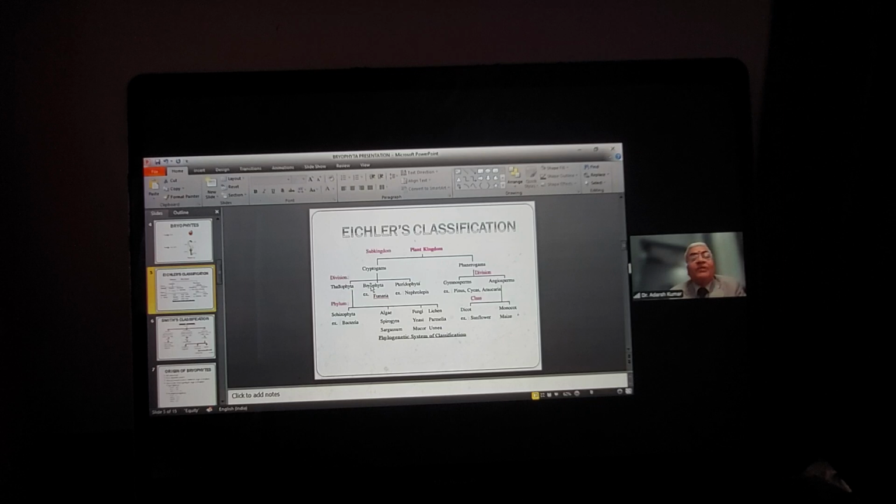These bryophytes are more evolved than the thallophytes, and on the other hand, the pteridophytes are more evolved than the bryophytes. Not only this, the thallophytes and bryophytes both show affinity in their gametophytic stage. On the other hand, bryophytes and pteridophytes show affinity mostly in the sporophytic stage. Next slide, please.